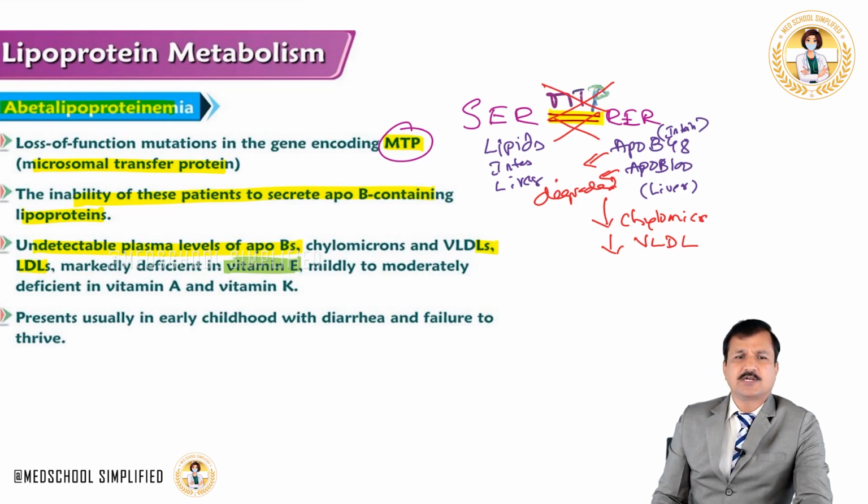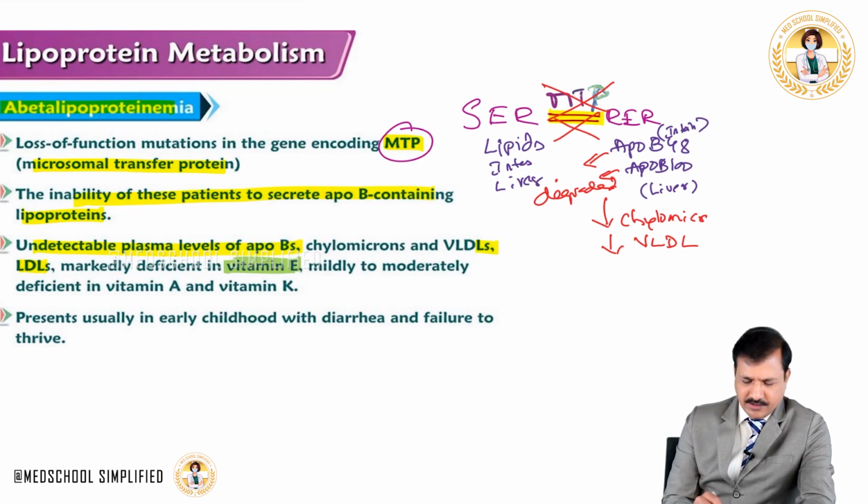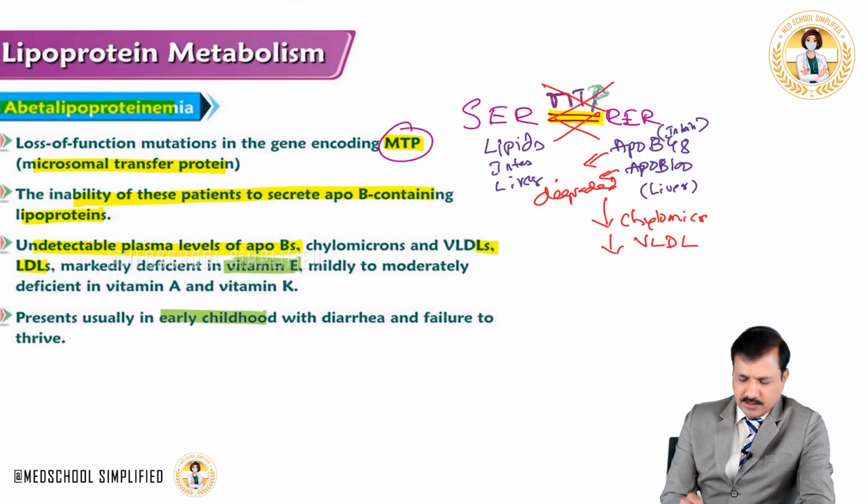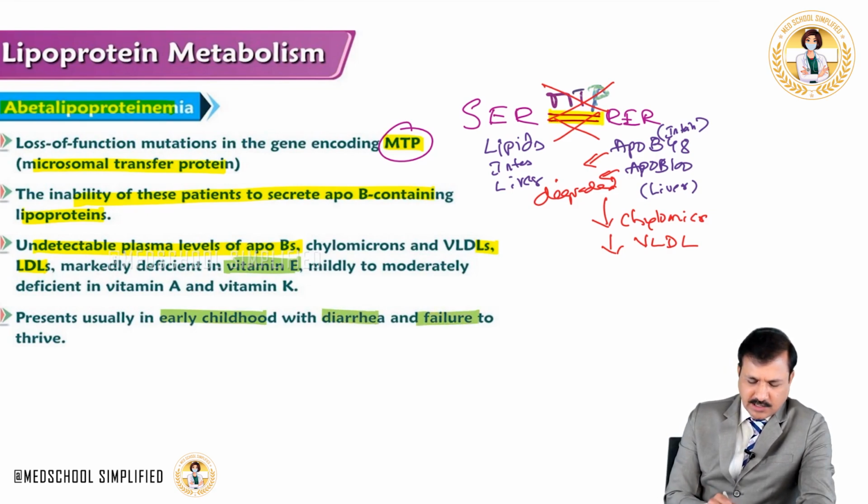Okay, now patients with A-beta lipoproteinemia will manifest with signs and symptoms in early childhood with diarrhea and failure to thrive.